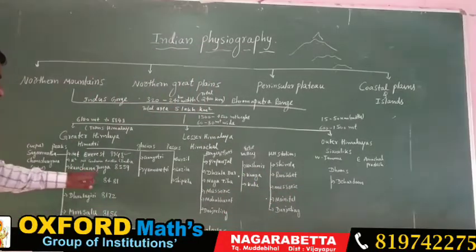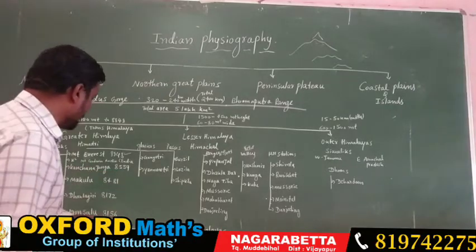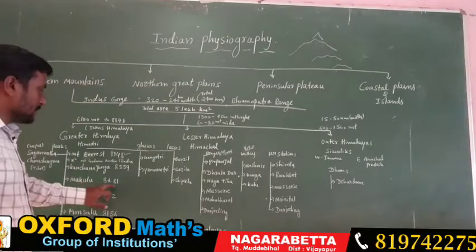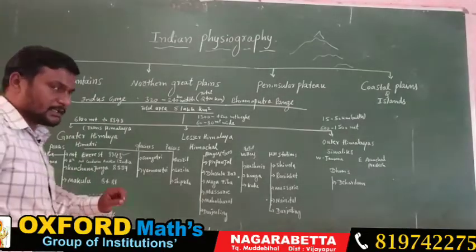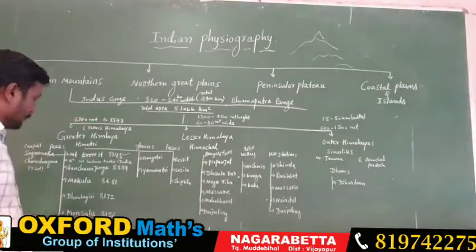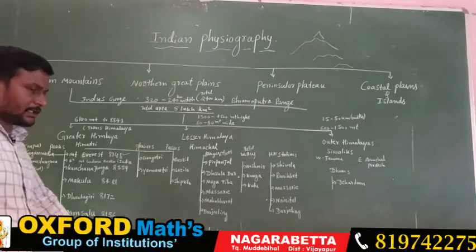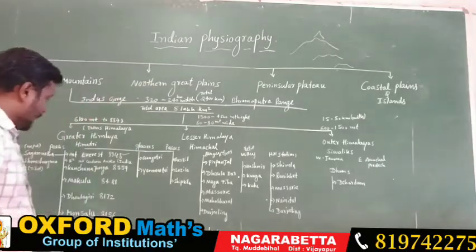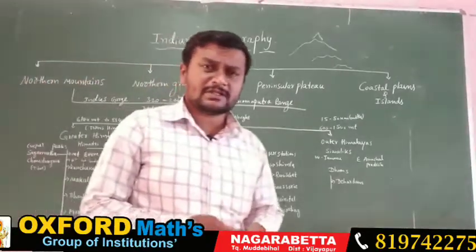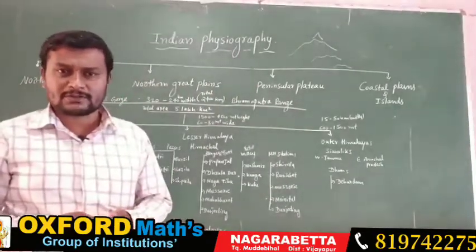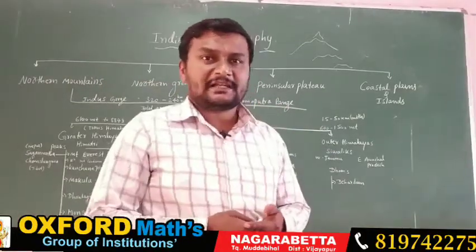Then Kanchenjunga, 8,559; Makalu, 8,481; Dhaulagiri, 8,172; and Manaslu, 8,156. Nanda Devi and some other important peaks are also there in the Greater Himalaya.